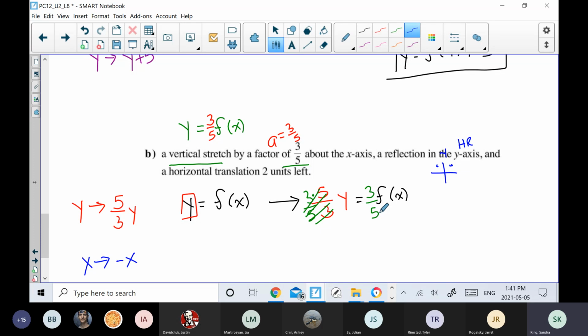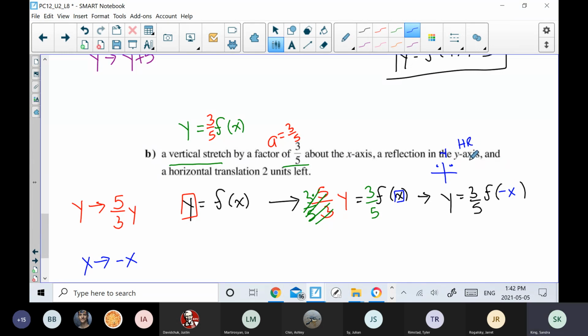So within this equation, I'm going to take this x out and I'm going to put in a negative x. So let's see what we would get. Y is equal to 3/5 f of, take out that x and put in a negative x. That is basically your b value right now. B is -1, and if b is negative, that's going to be a horizontal reflection.